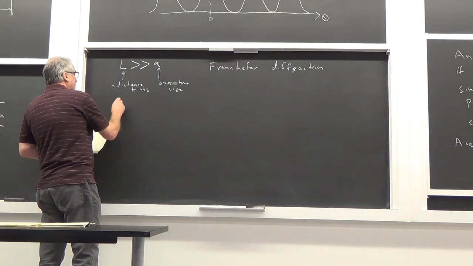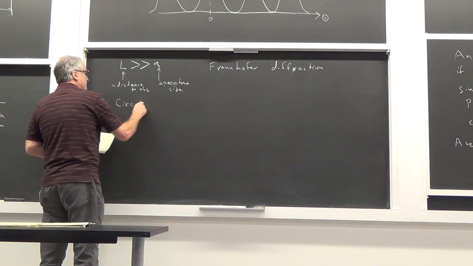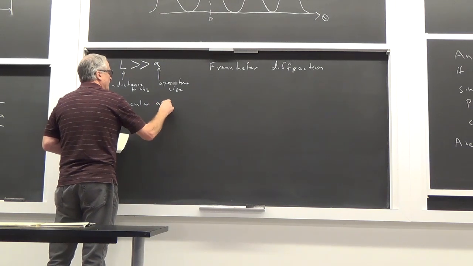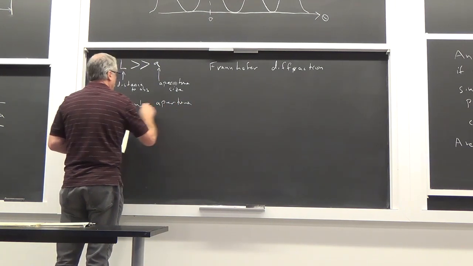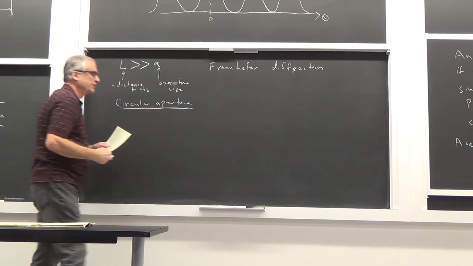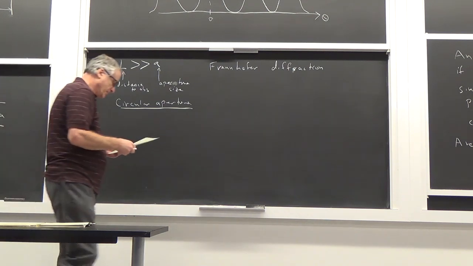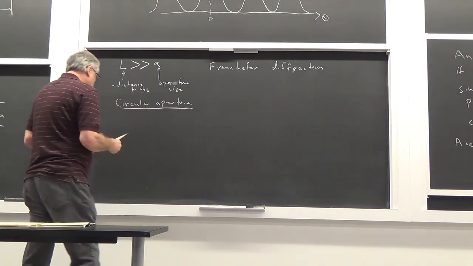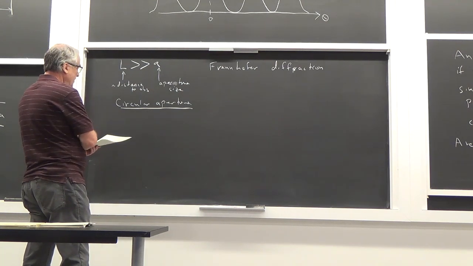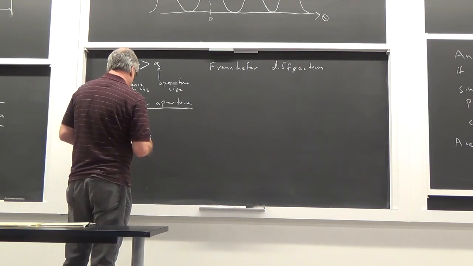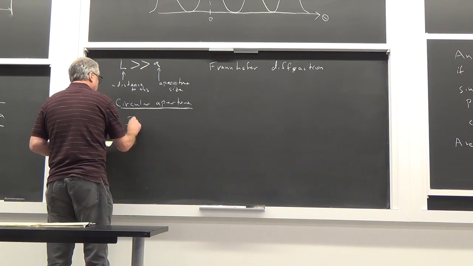And let's consider a circular aperture. The book has a little discussion of this, but doesn't really calculate it for you. And it's actually rather important because we have microscopes and telescopes that all have circular objectives. Okay. So let's see. So we assume that we have an incident plane wave.